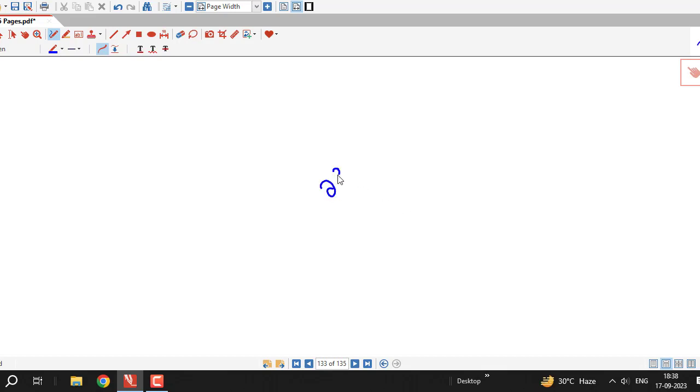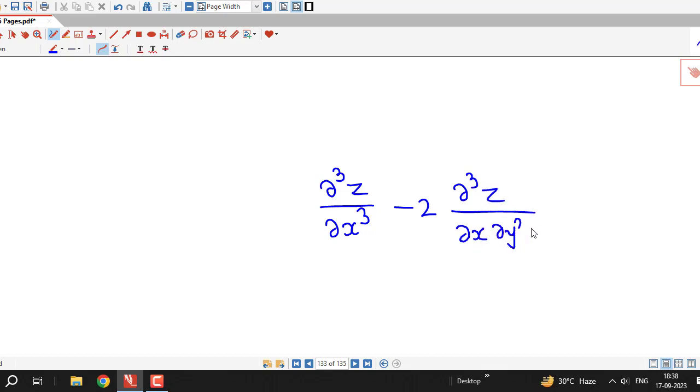For example, if I write this equation, third order derivative of z with respect to x, minus 2 times third order derivative of z with respect to x 1 time and with respect to y 2 times, plus 2 times del square z by del x square equal to e raised to 2x plus 3y, then this is a linear partial differential equation.